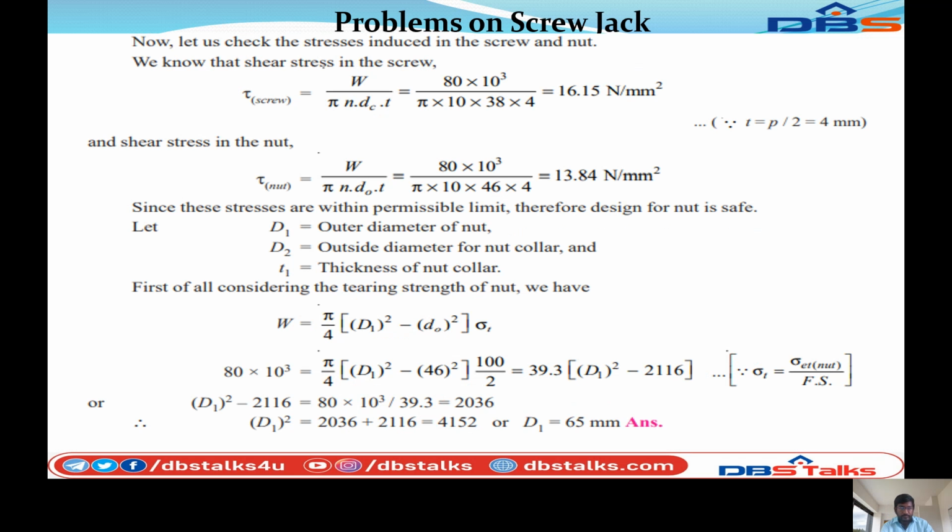Now let us check the stress induced in the screw and the nut. So we know that the shear stress in the screw, tau screw, is equal to W by pi into N into dc into T. This formula is also given in the given procedure.